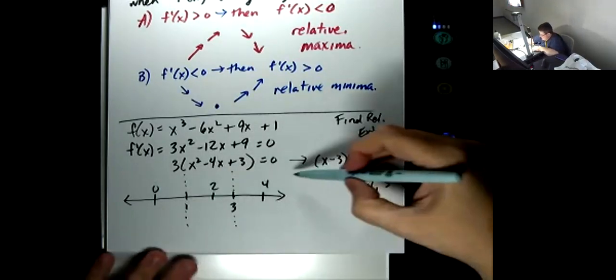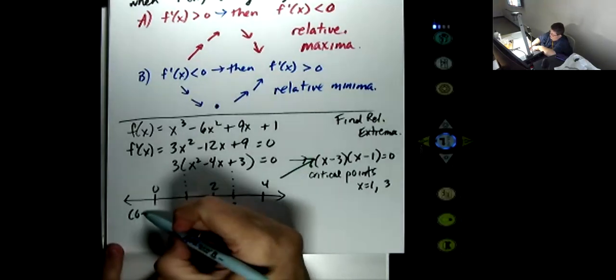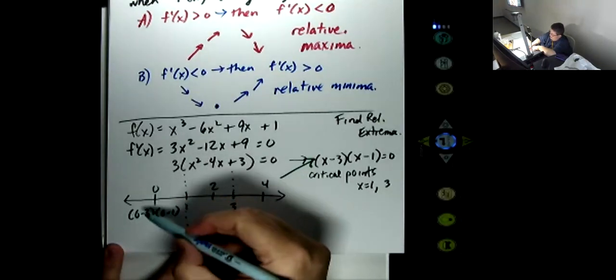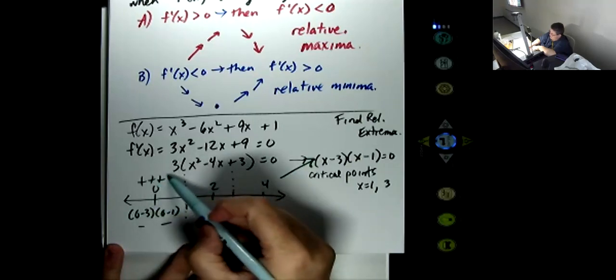Again, I'm checking them in there. 0 minus 3, 0 minus 1. This is a negative and a negative, which means negative times a negative is a positive.